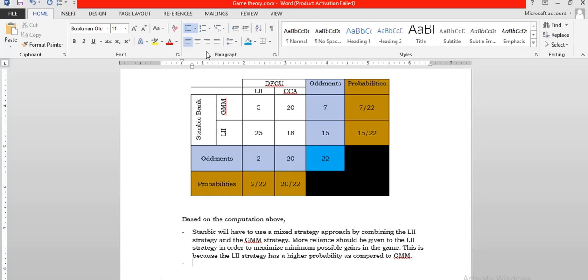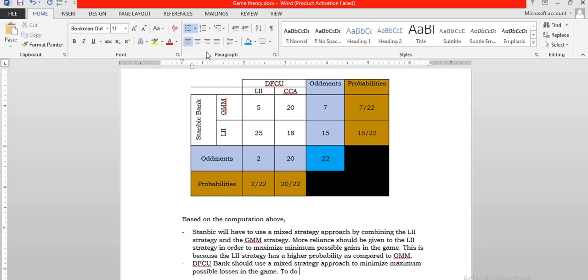Again, we shall say DFCU Bank should use a mixed strategy approach to minimize maximum possible losses in the game.